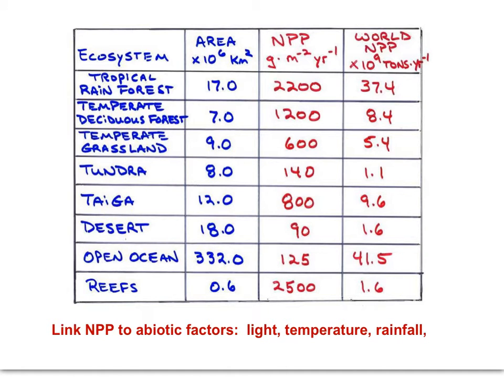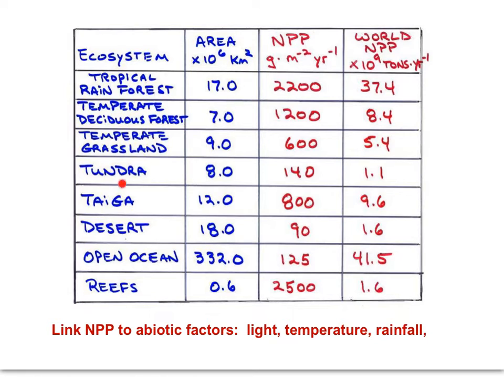As I've mentioned previously, net primary productivity forms the base of an entire food web, and as you can see in this table, values for NPP vary across ecosystems. Equatorial rainforests, by way of example, have high NPP values because of warm temperatures, high rainfall, and high insolation, sunlight.